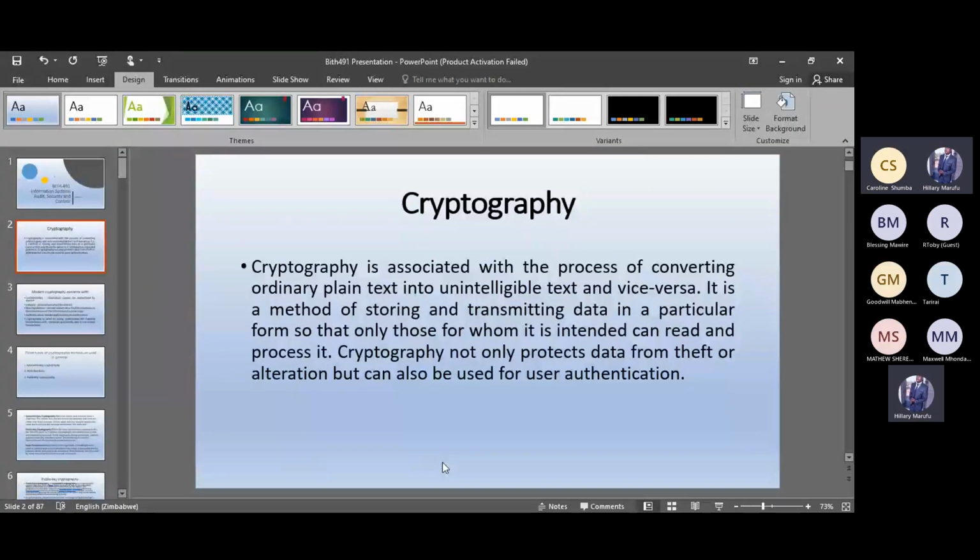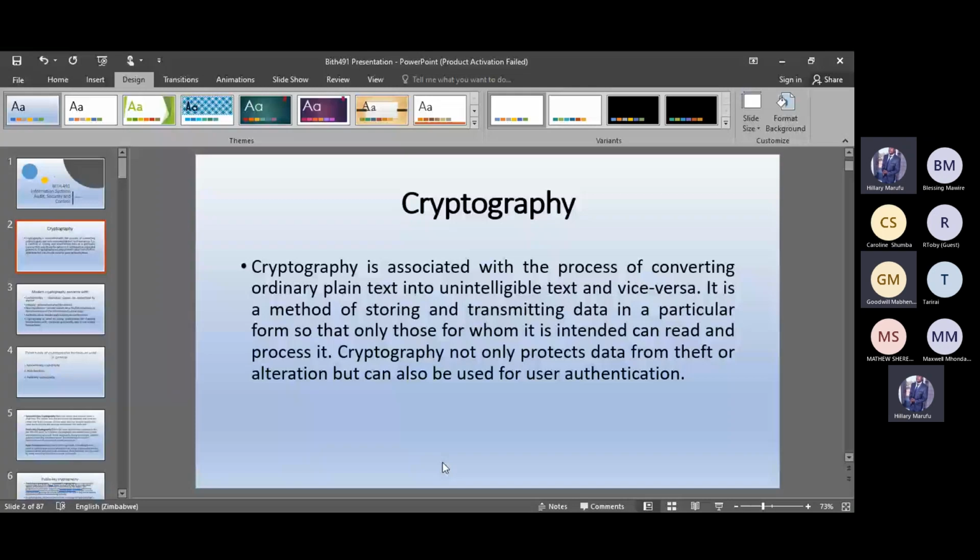Cryptography is associated with the process of converting ordinary plain text into unintelligible text, and vice versa. Basically, we're saying it's converted into text which you can't read normally.